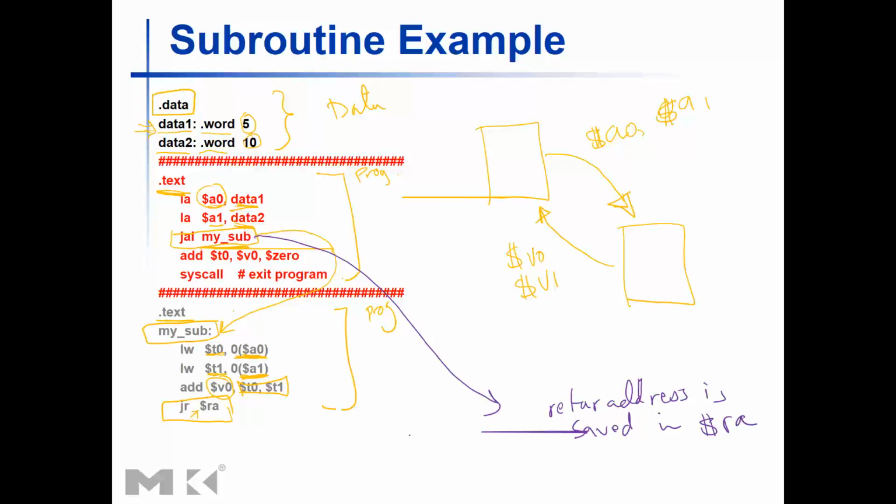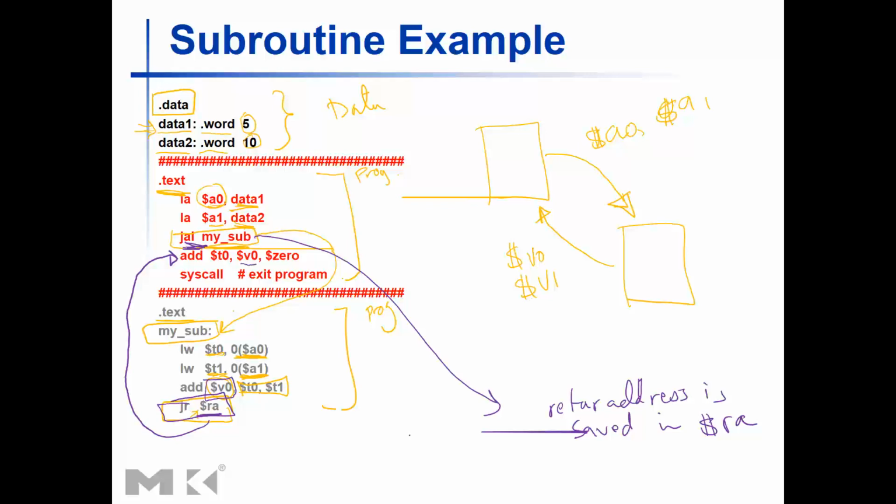So when I finish my subroutine, I say jump on this address, meaning I will come back all the way here. It will take me to the instruction right after the jump. Now when I go back, I'll have V0 with me with the correct value.